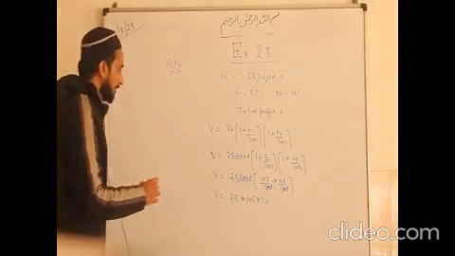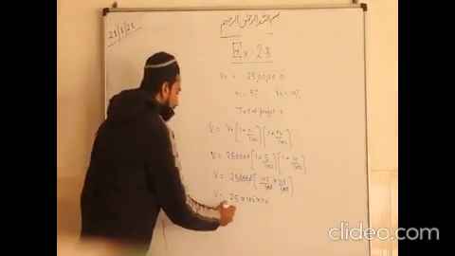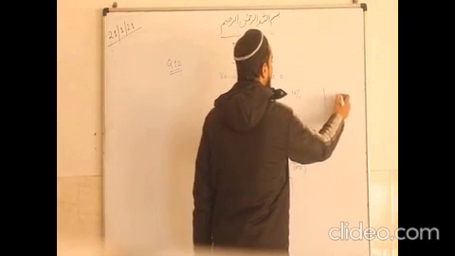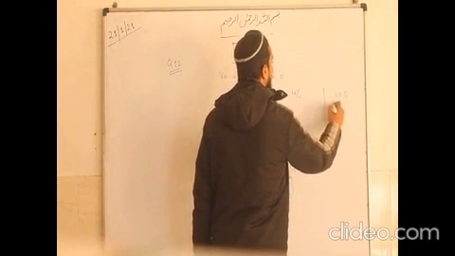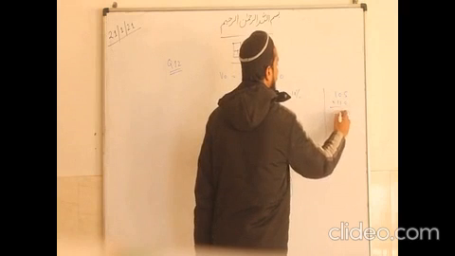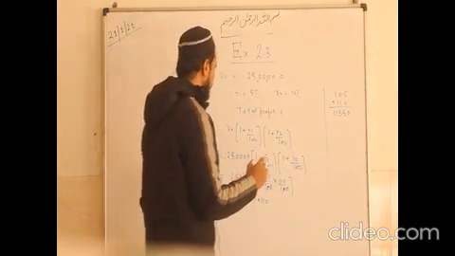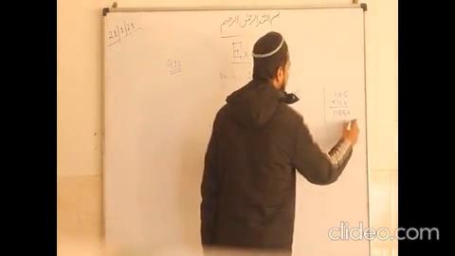We just multiply these, so we will get the final value. Multiplying 105 and 110, we get 11,550. Now we will multiply this by 25.